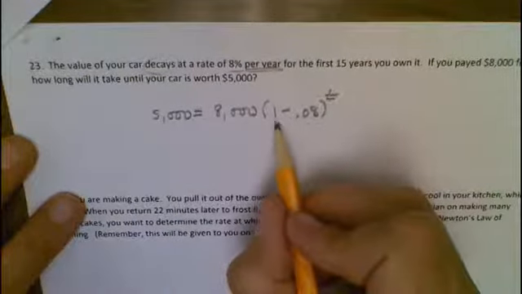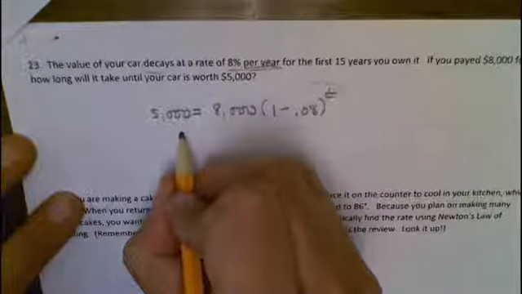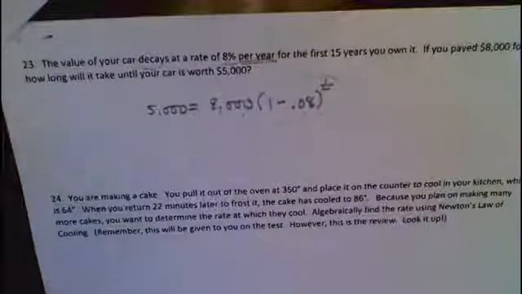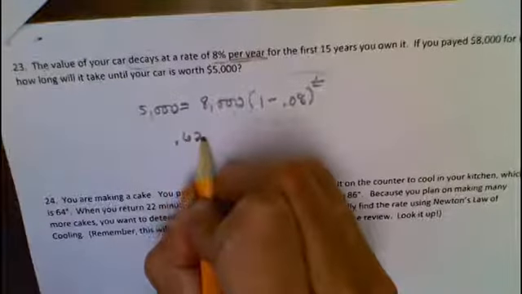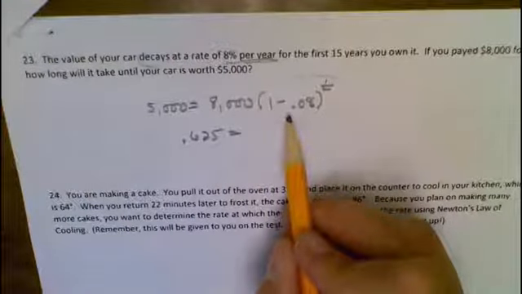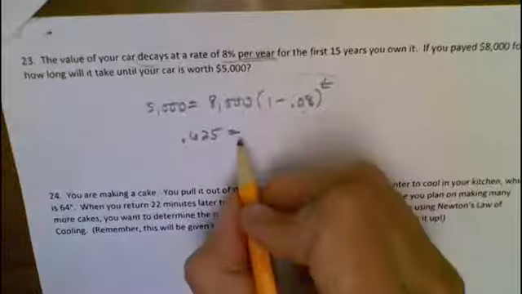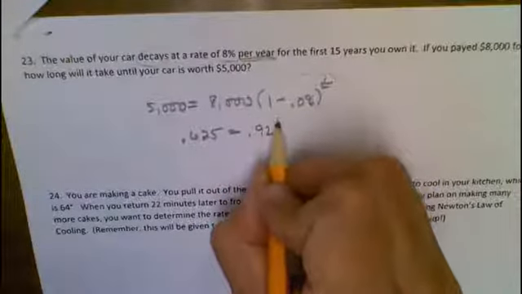So to solve this, again, I need to get this base by itself. So I need to divide by 8,000. So I need to take 5,000 divided by 8,000, and I get 0.625 equals, I'm also going to take 1 minus 0.08, and that's 0.92, just so that's easier to write.